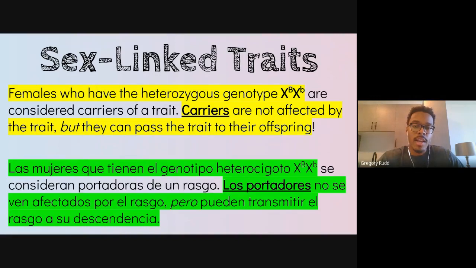So a carrier is heterozygous. They are not affected by the trait, but they can pass the trait on to their offspring.